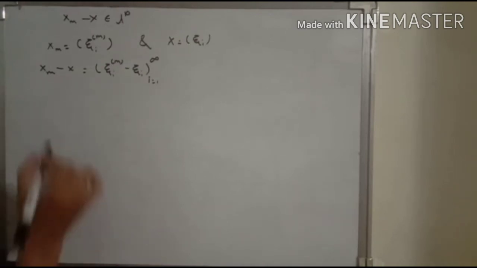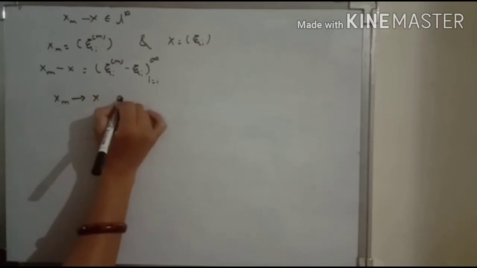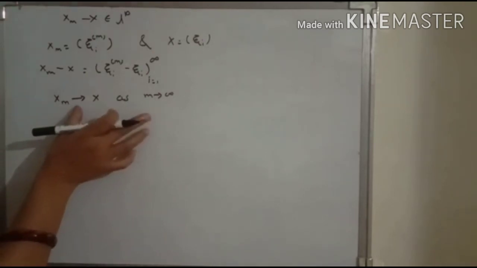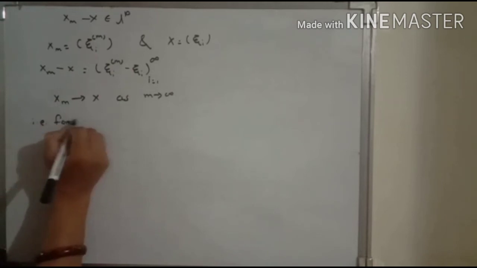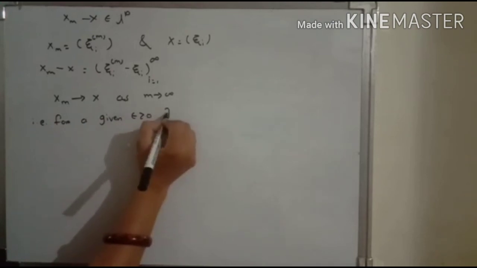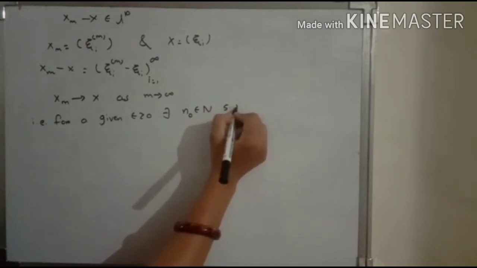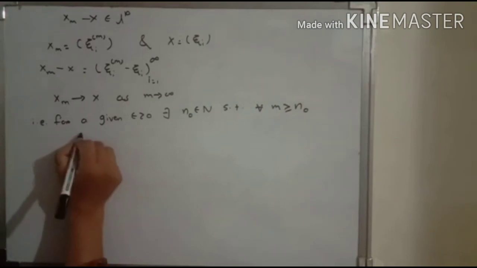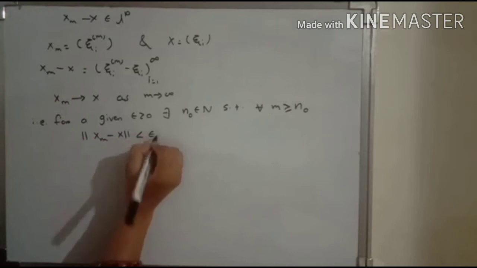Now here we know that xm converges to x, as we prove that xm converges to x as m goes to infinity. We write down this definition in the form of epsilon as, that is, for a given epsilon greater than 0, there exists a natural number n naught such that for all m greater than or equals to n naught, norm of xm minus x is lesser than epsilon.